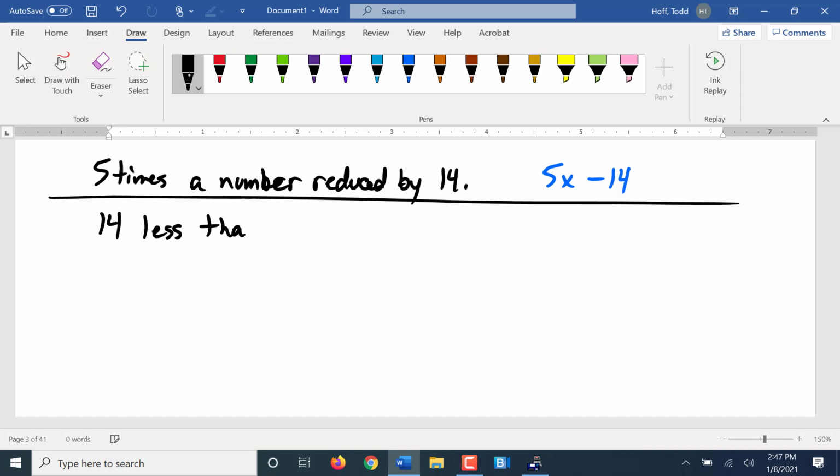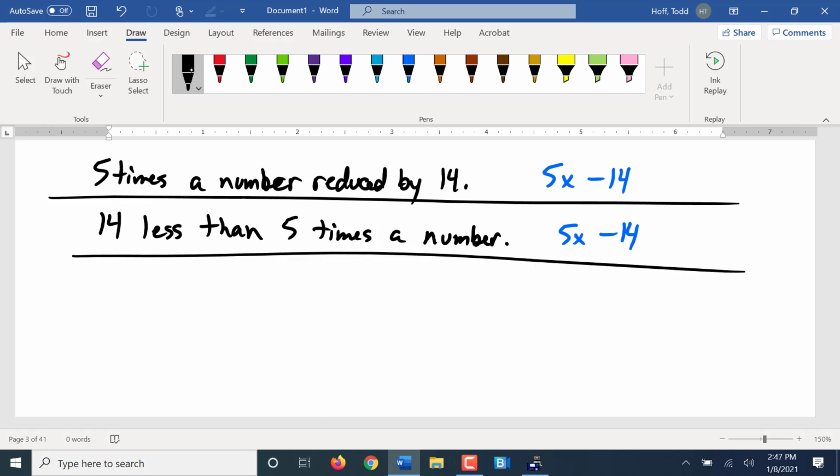How about if I have 14 less than 5 times the number? Again, we'll just use X. 14 less than means 14 is being subtracted from something. It's being subtracted from 5X, so 5X minus 14. So it comes out to the exact same expression.